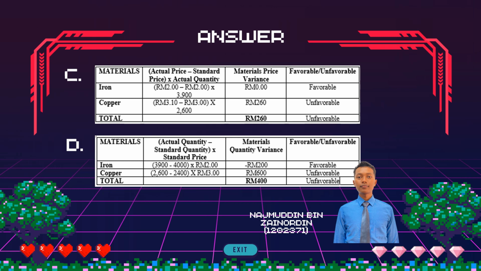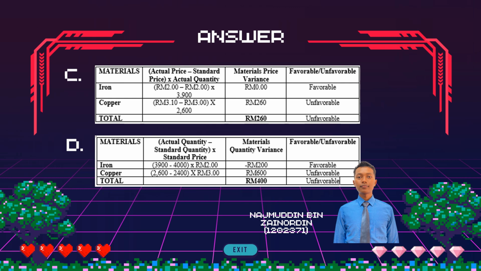For question D, what is direct material quantity variance? First, to find the value we have to multiply the standard price times actual quantity minus standard quantity. For iron, we have to calculate 3,900 minus 4,000 times RM2, and we get the value negative RM200.